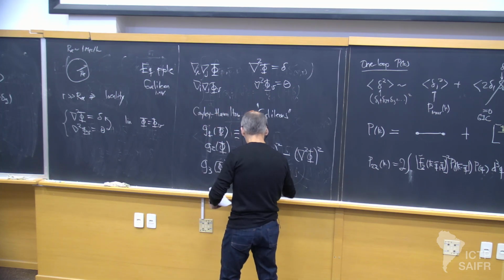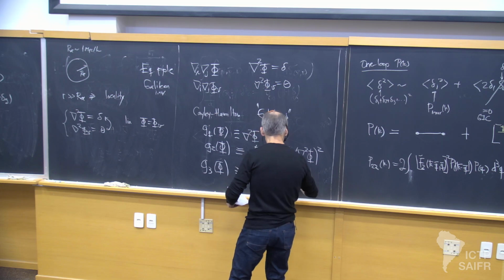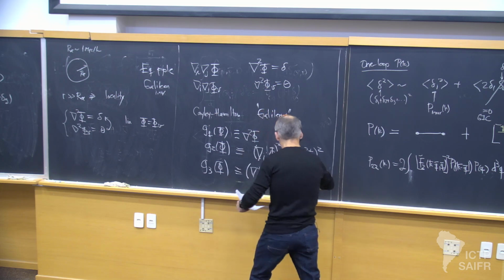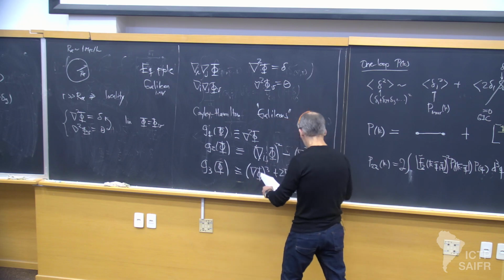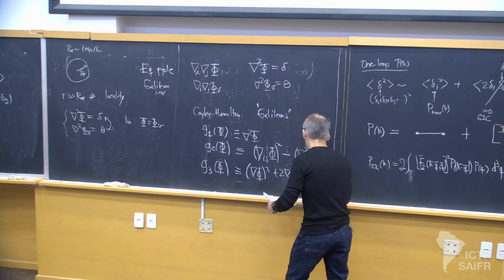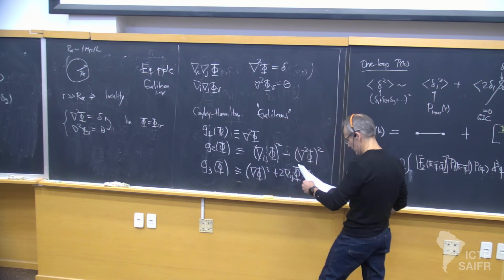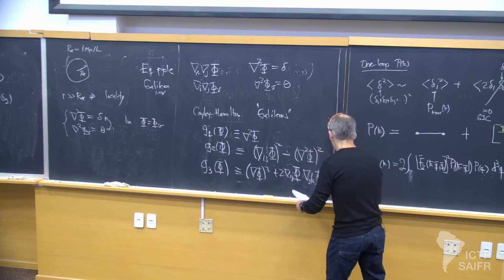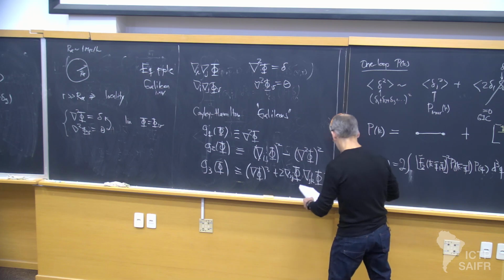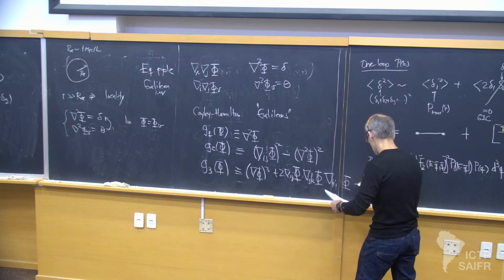So let me write the definition. This is a bit of a, so ij, jk, repeated indices are being summed over, as usual. Singularity crossing the blackboards.